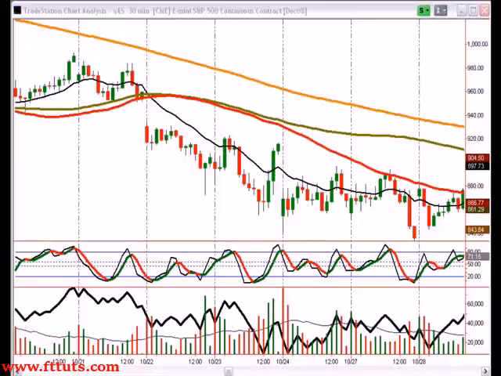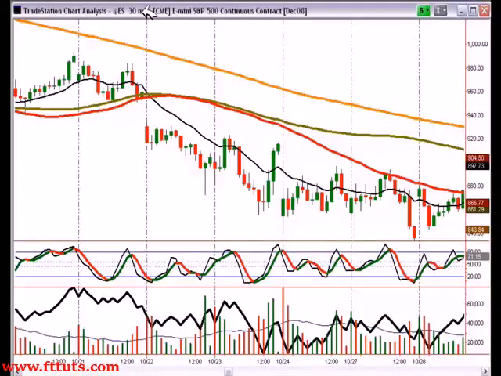So as mentioned early on, I don't use the volume histogram on my day trading, and the reason for that is that it just forms a saucer pattern.